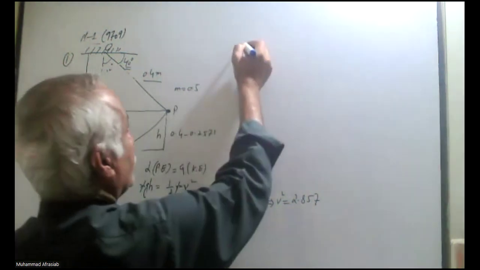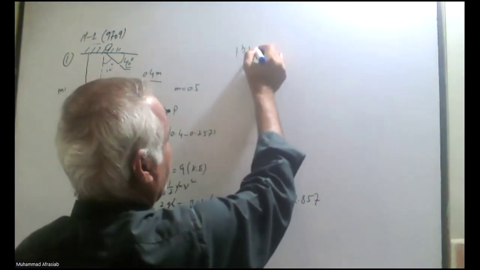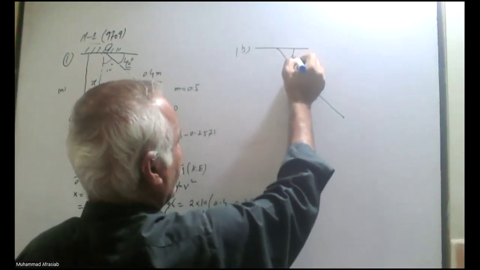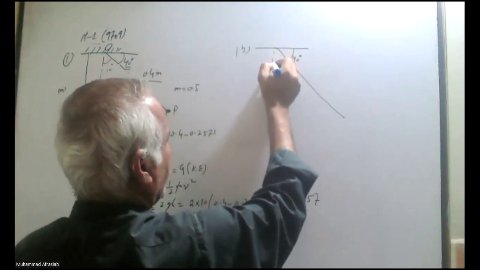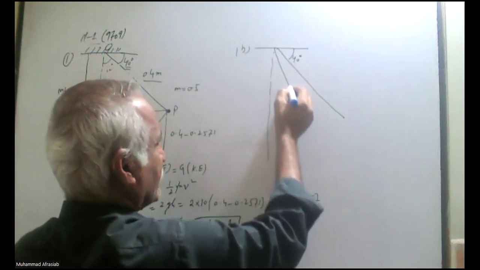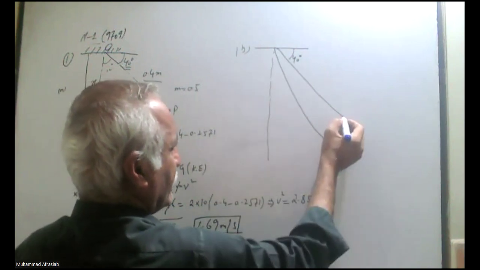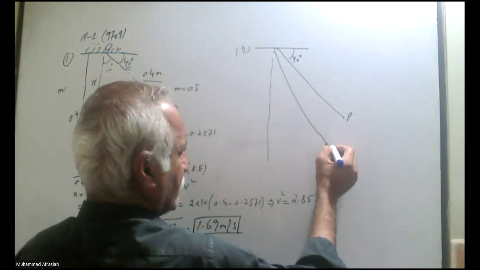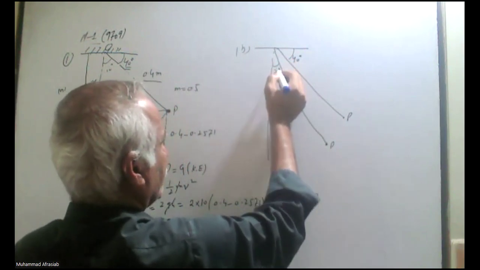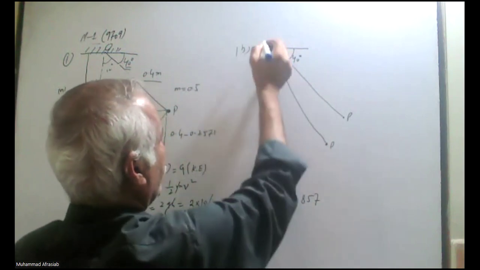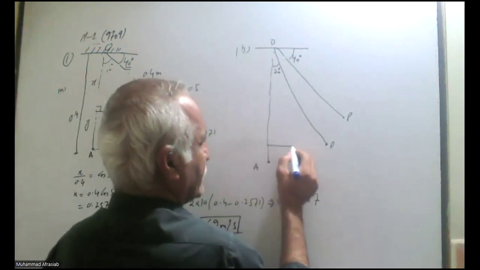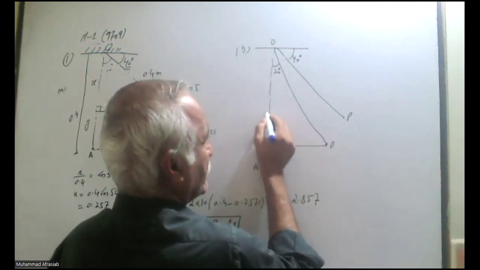The second part of this is the same pendulum, which is making an angle of 40 degrees, and you are going to find out the speed when it is at this point, 20 degrees with the vertical. So it is O, it is A. So we mark this point and we mark this point.